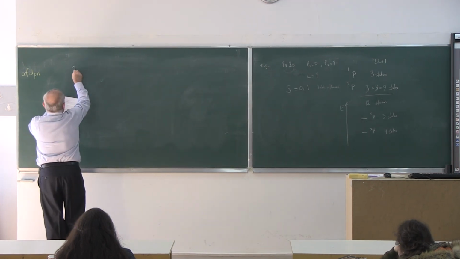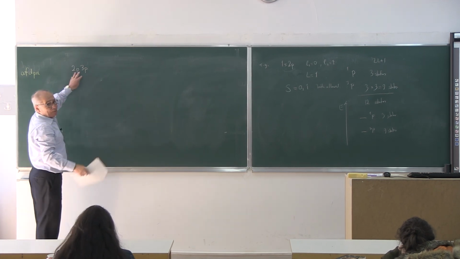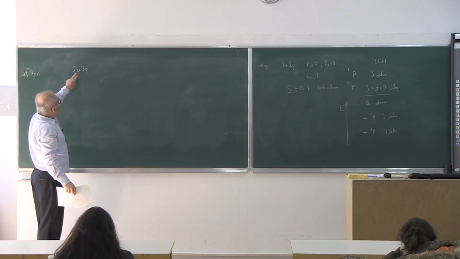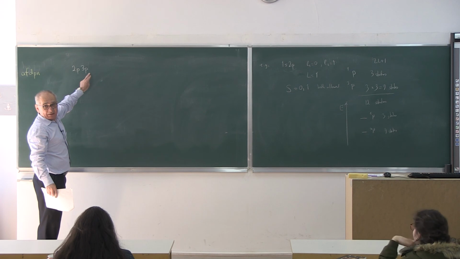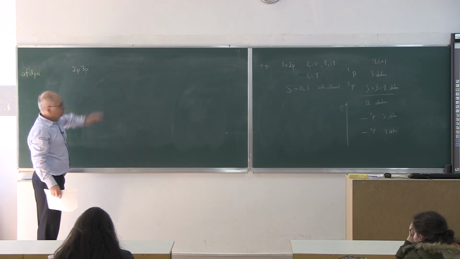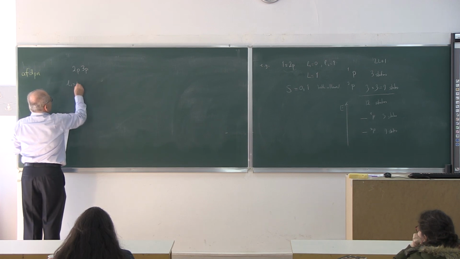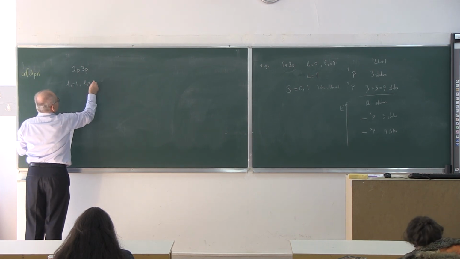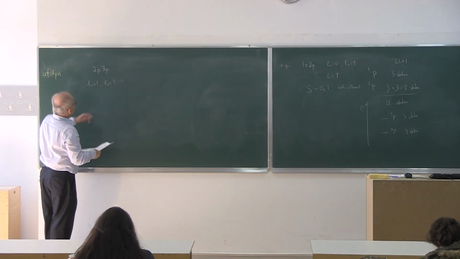Now, another example is 2p, 3p. In the open shell part, 1 electron is in a 2p subshell. The second electron is in a 3p subshell. Here, L1 is 1, L2 is also 1.